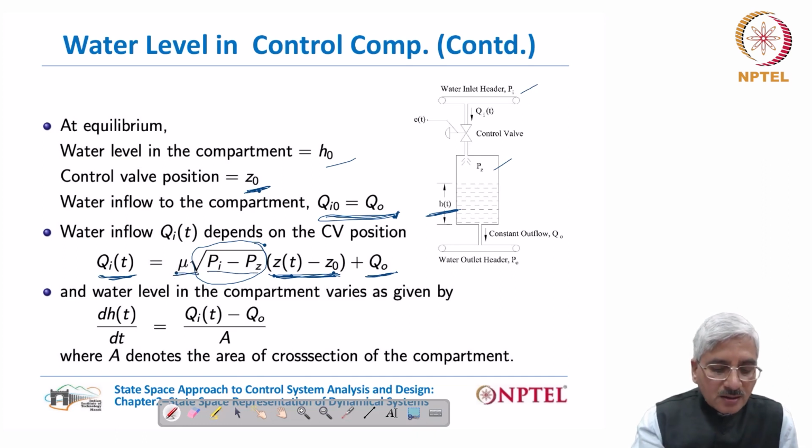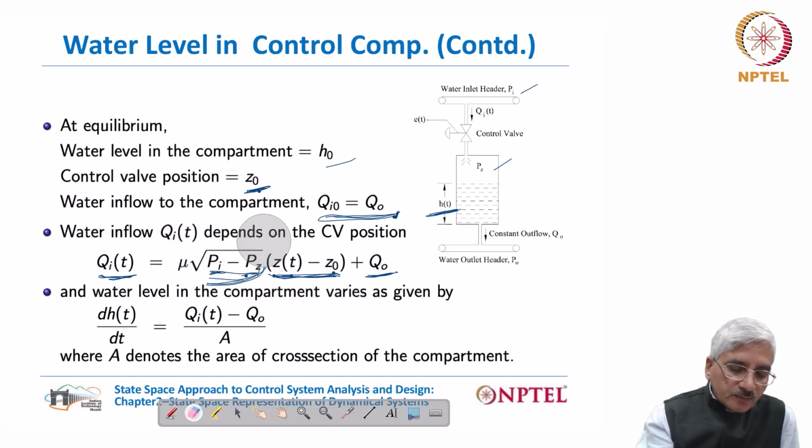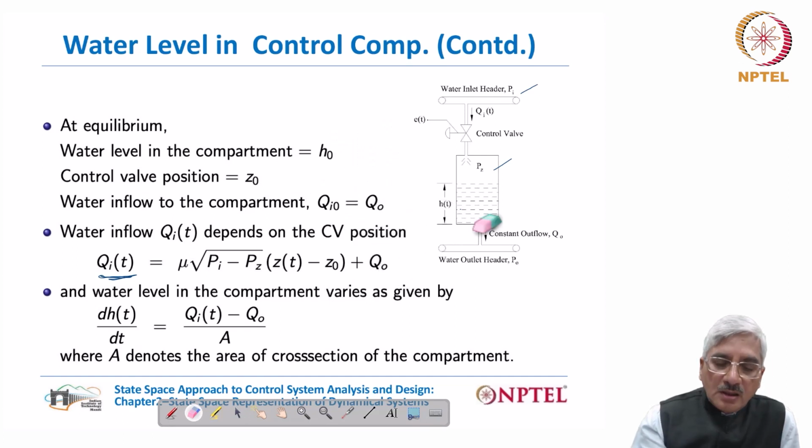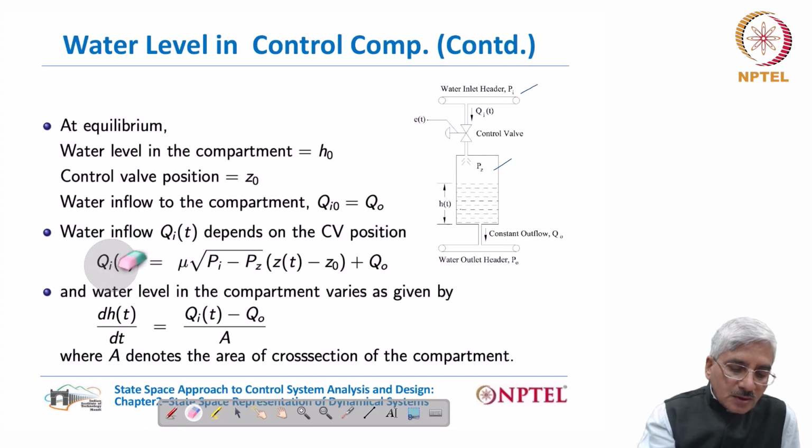So Qi has a proportionality constant, because we are assuming even Pi and Pz to be constant. So a constant into the change in valve position relative to the equilibrium valve position. That is the inflow depending upon the valve position.